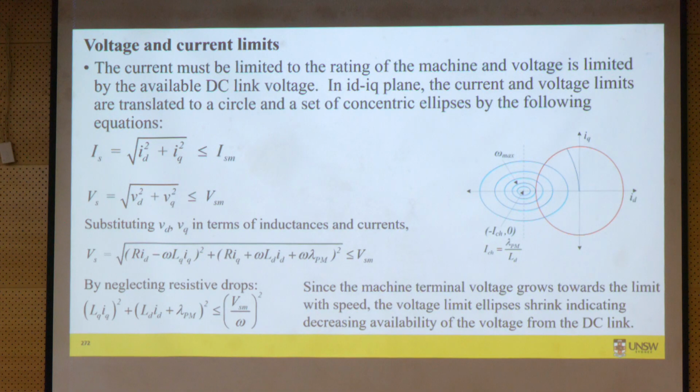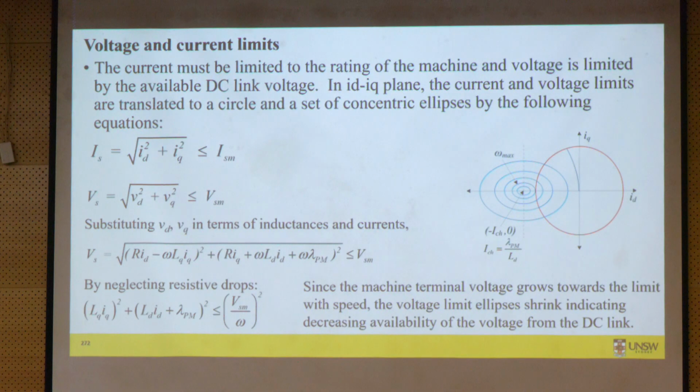We just cannot have infinite ID or infinite IQ, right? Or we just cannot randomly select an ID or IQ value. They all depend on your operating conditions. So the limits for the current come from the rated current of the motor, right? You cannot operate your motor above your rated current.